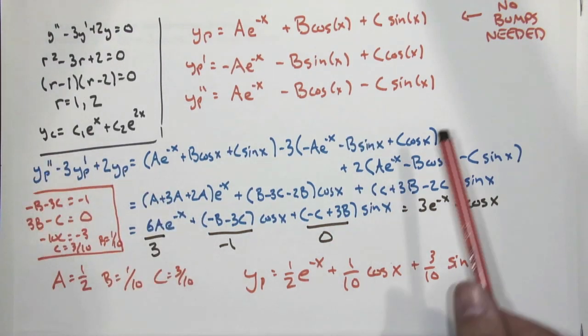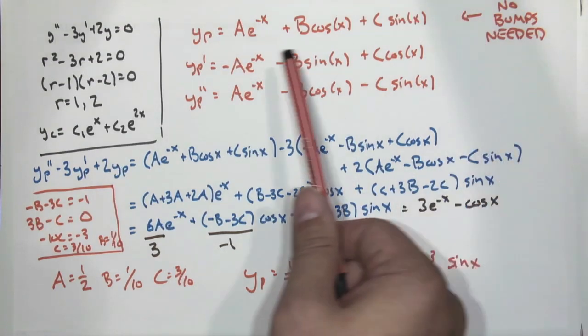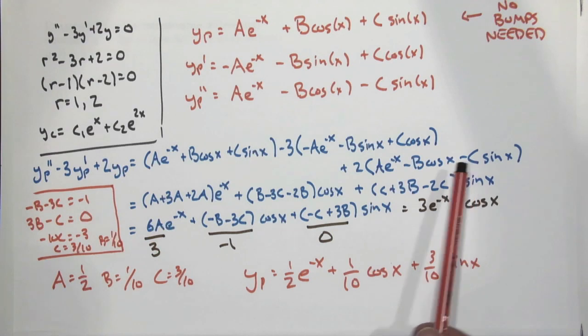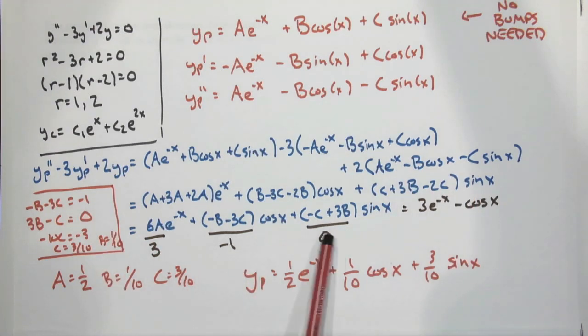There's no overlap. You set up your differential equation. There's 3 pieces. Take the derivatives, plug it in, and gather. Now here it gets interesting with sines and cosines because they get to do a little bit of intermingling. 2 equations, 2 unknowns. You can solve, and you get your solution.